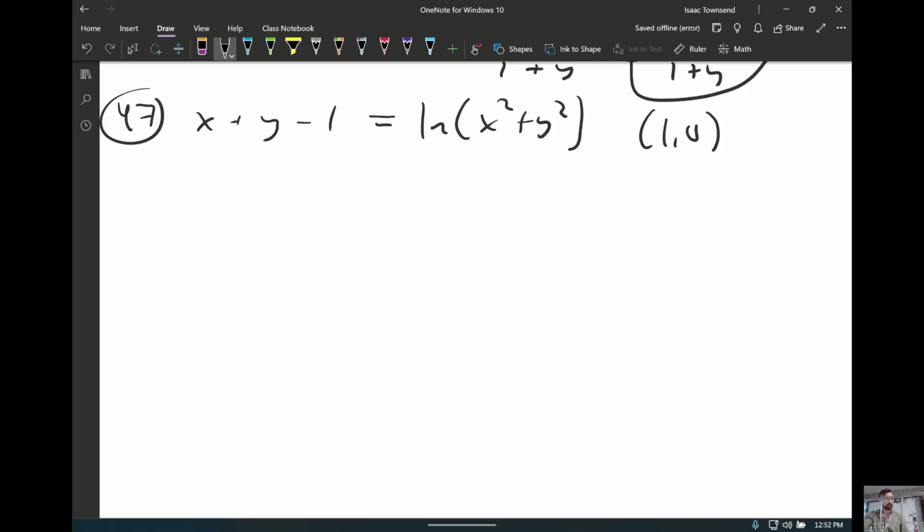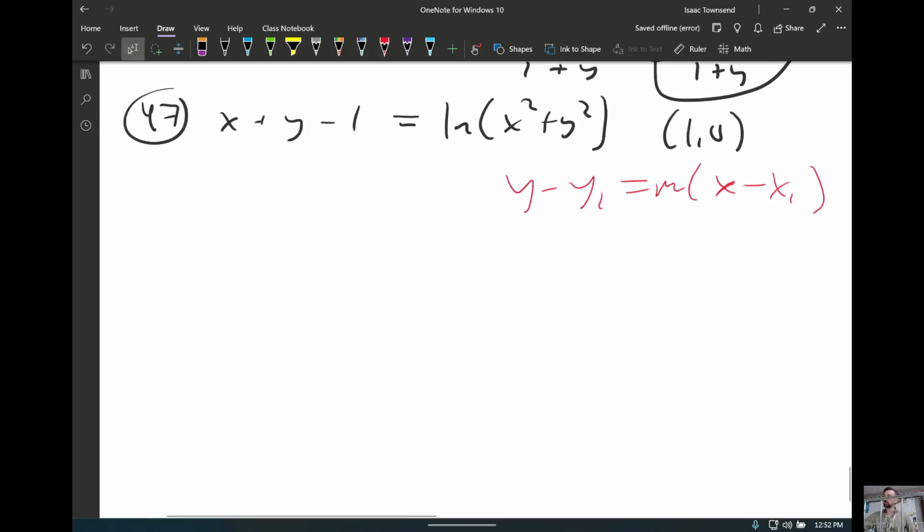But as soon as I read in the directions, equation of tangent line, tangent lines are always linear. So point slope is the best way to go. They already gave you the x value. They already gave you the y value. The only other mystery to this question is the slope. And you have to understand slope comes from derivative.